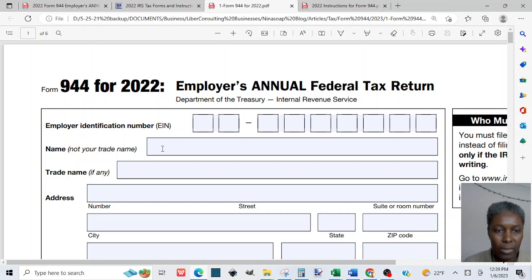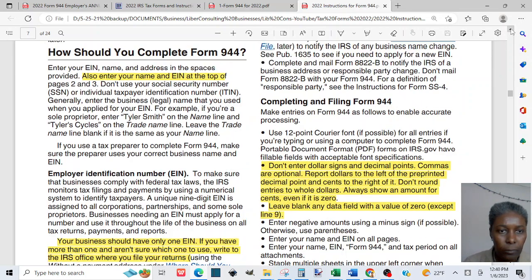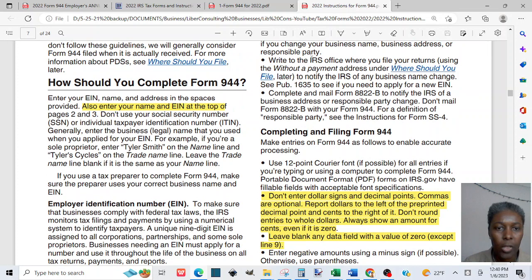So let's discuss this a little bit. And let's see, okay, so we are in the right part here. So in the IRS instructions for Form 944, on page 7, they talk more about it. So they talk more about it that you can read.